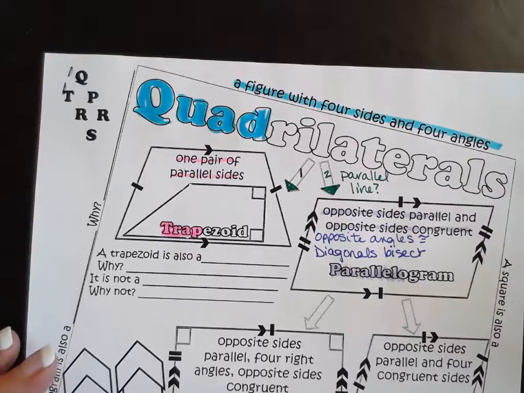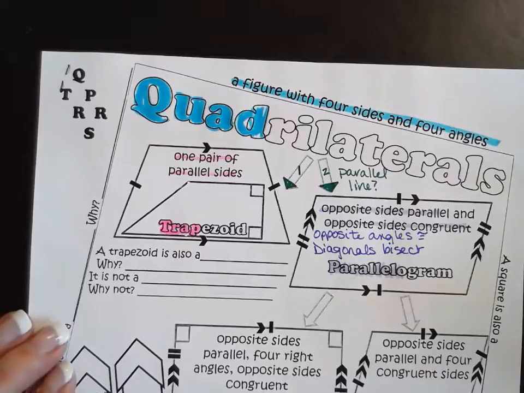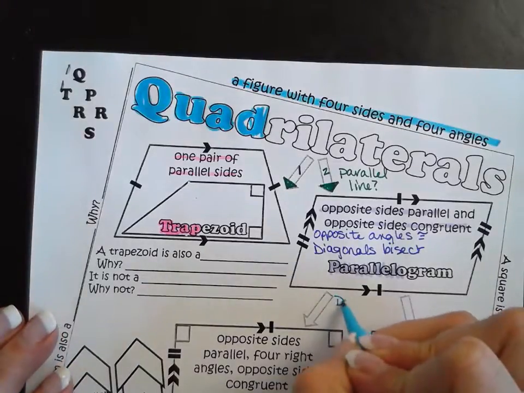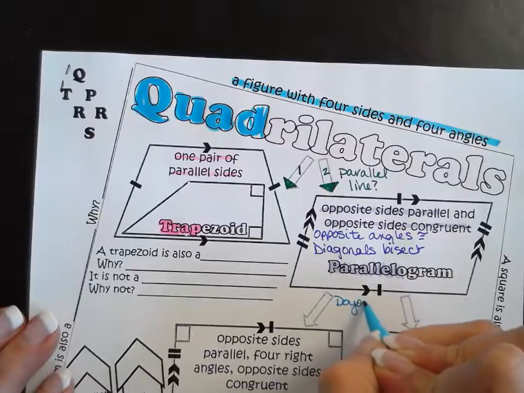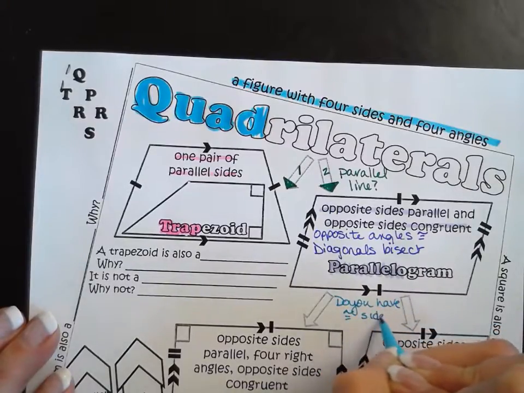Okay. So after asking about the parallel lines, the next question we need to ask is, do you have congruent sides?